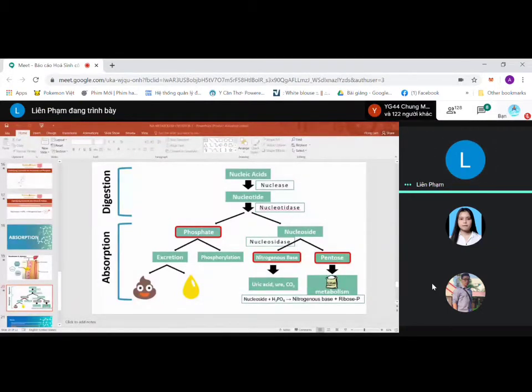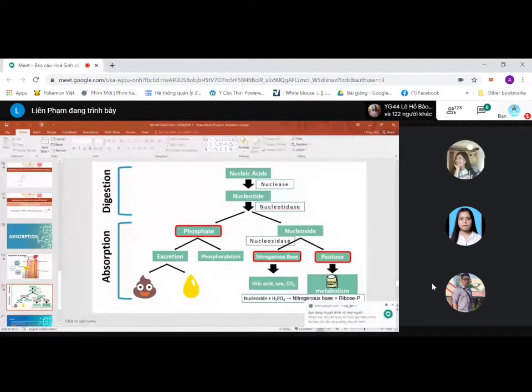Hello? Can you repeat the question? Okay, my question is, which products in this diagram will be reused?